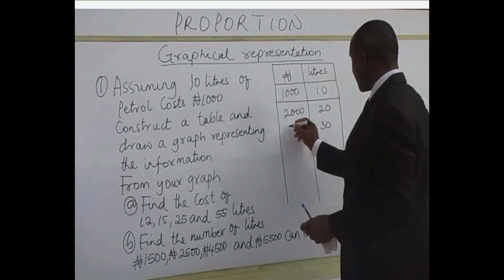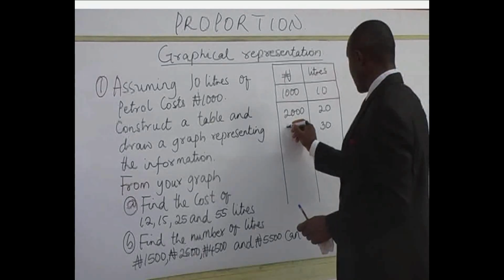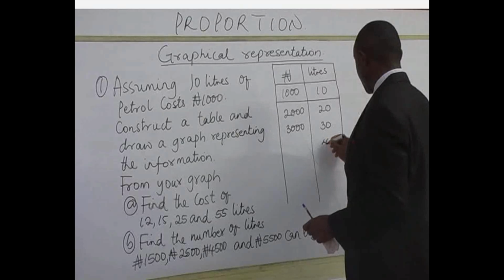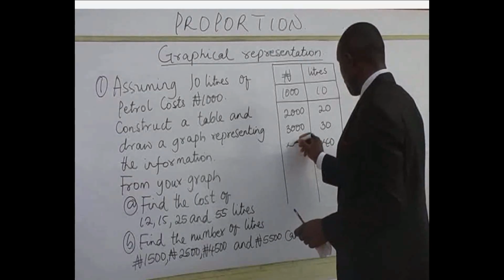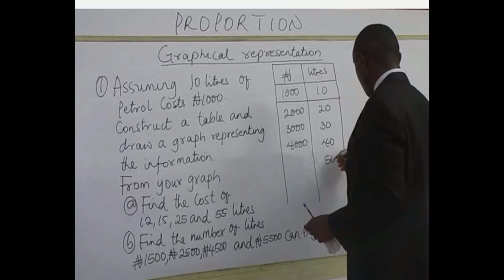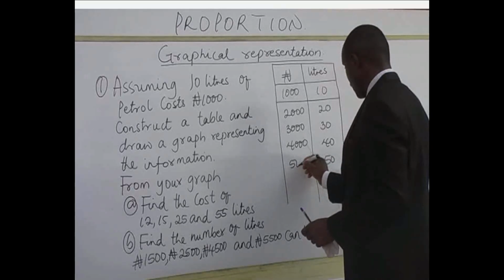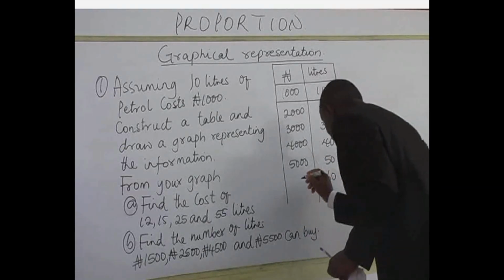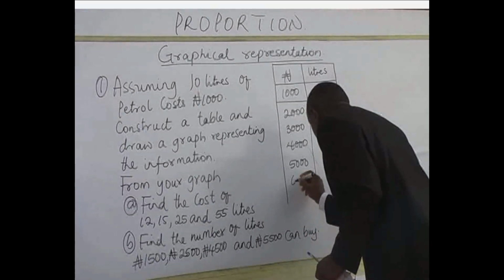30 liters, 3,000. 40 liters, continuing in that progression, 4,000. 50 liters, 5,000. 60 liters, 6,000.